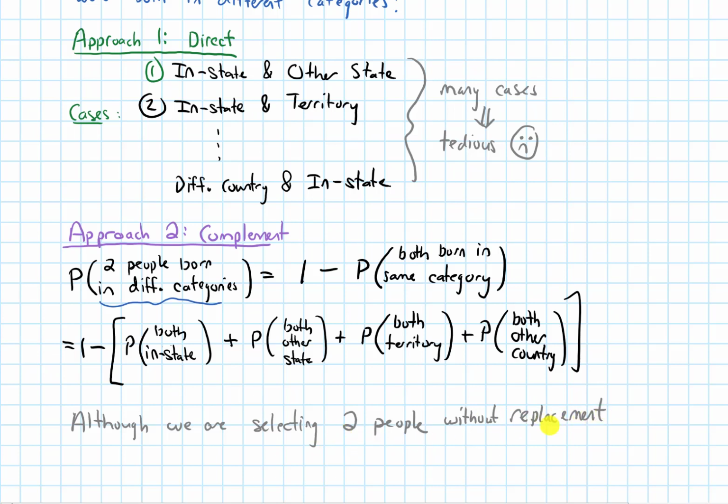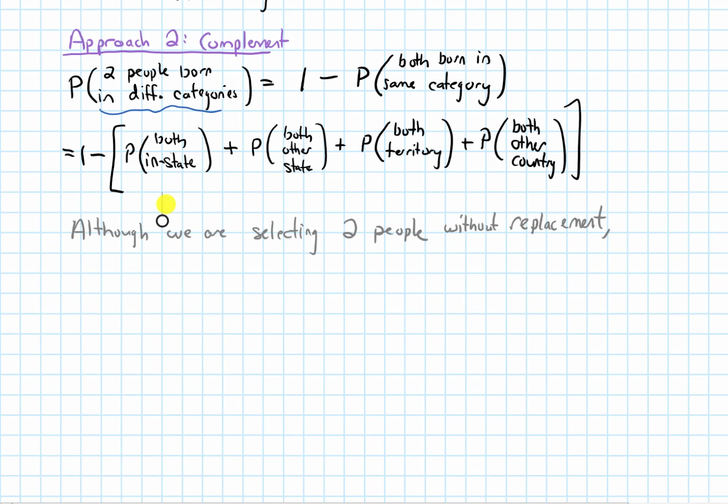We have to pick a second different person. So although we are selecting two people without replacement, the sample size here, which is the state's population, can be assumed to be large.